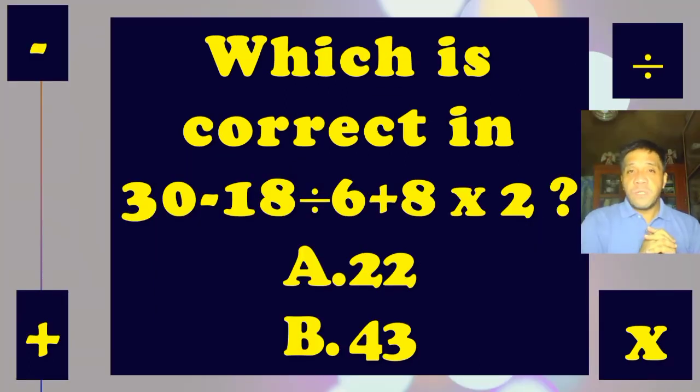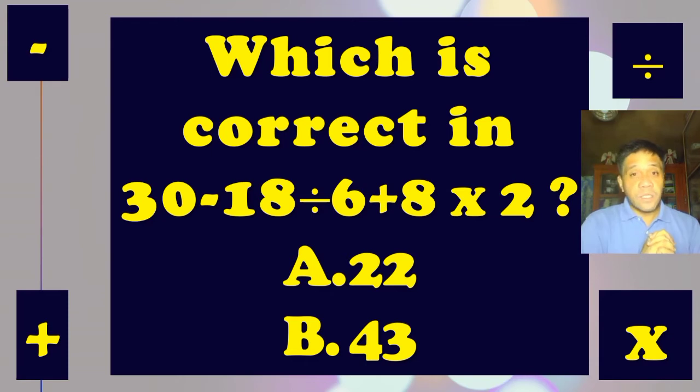So I have posted here a certain exam question, which is: which is correct in 30 minus 18 divided by 6 plus 8 times 2?